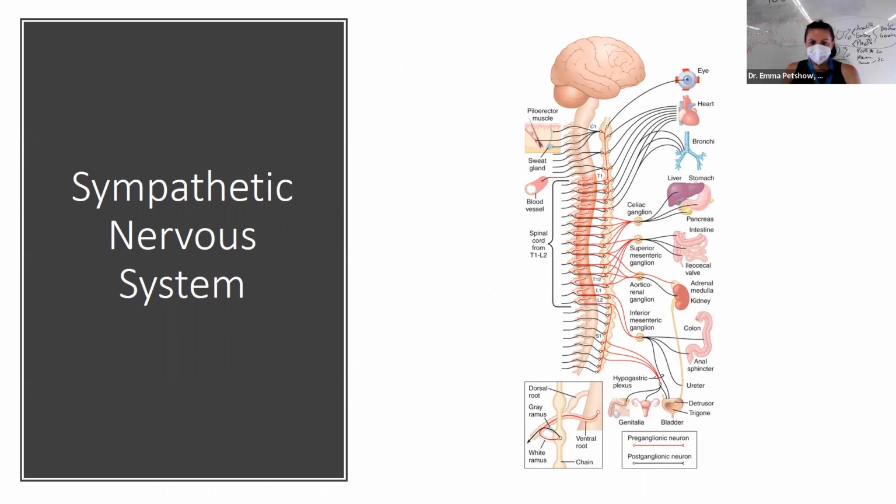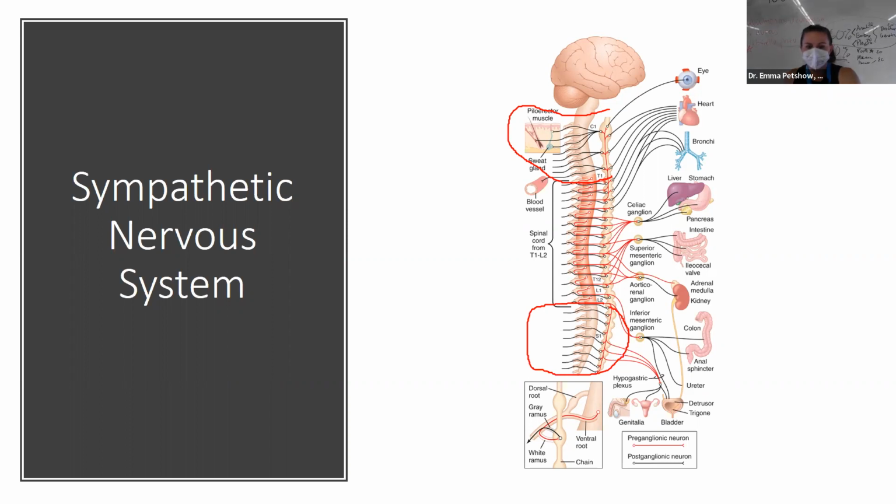So what does that look like here in picture form, what I just talked about? You can see up top, we have our parasympathetics from our cervicals. This isn't actually a good representation of where these are located, but in theory, our ganglia are far away. And then they're closer to things like the eye and the heart and some of the bronchi. We then are also going to have parasympathetic ganglia down here from our sacral region, which is going to hit genitalia, bladder, urethra, anal sphincter, and some digestive processes.